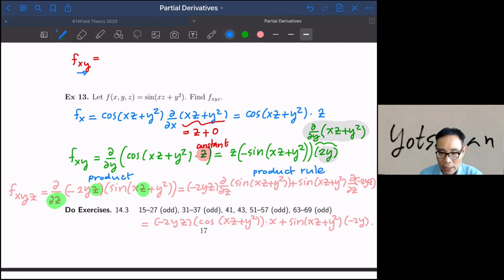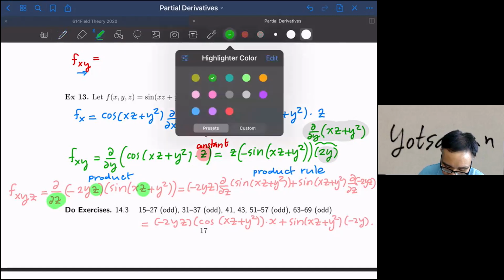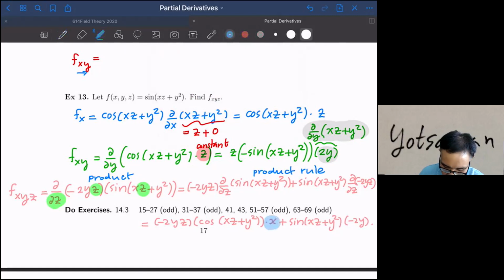The x here comes from the derivative with respect to z of xz plus y squared. Don't forget this term. This is kind of easy to understand; if you can differentiate from calculus one, you'll be able to do this quite quickly.